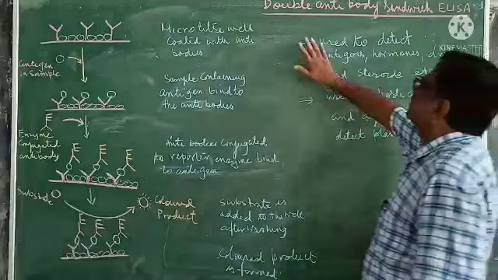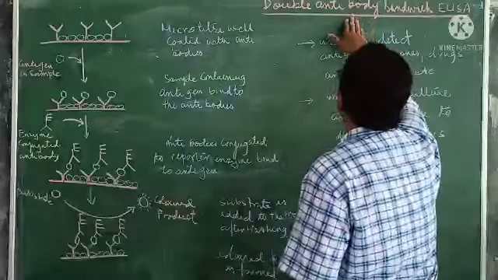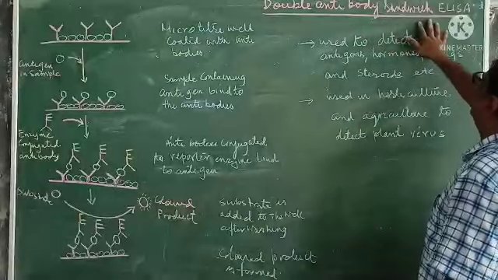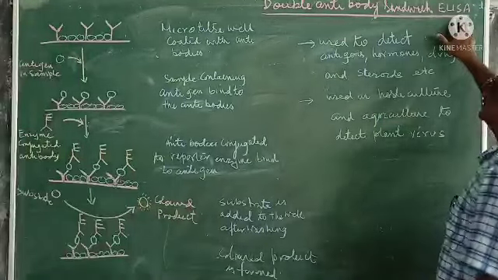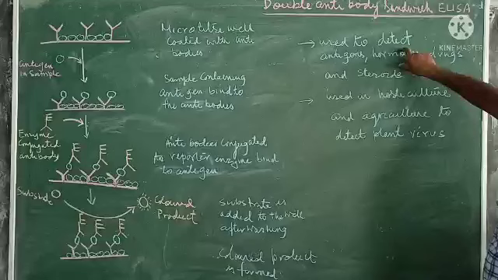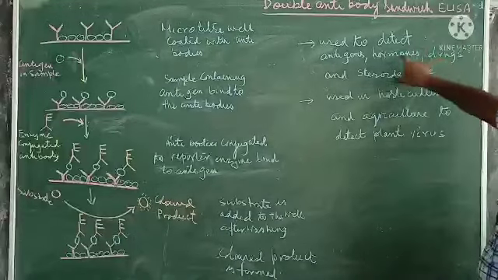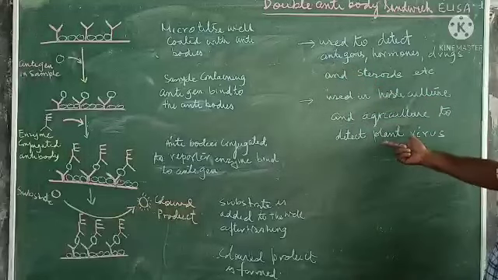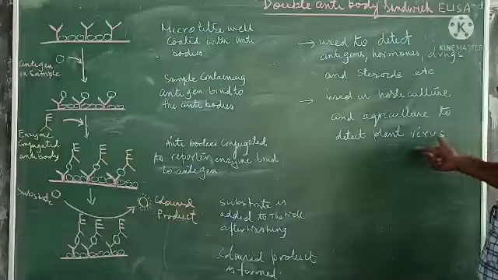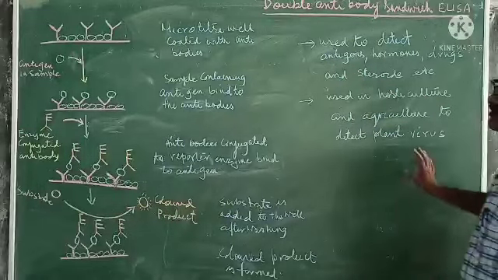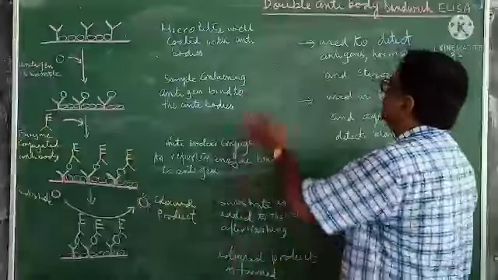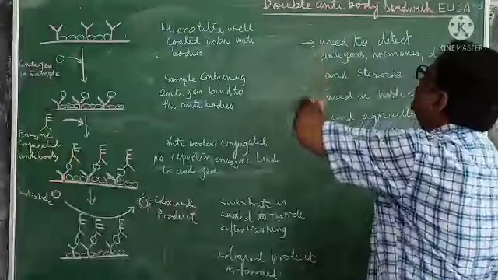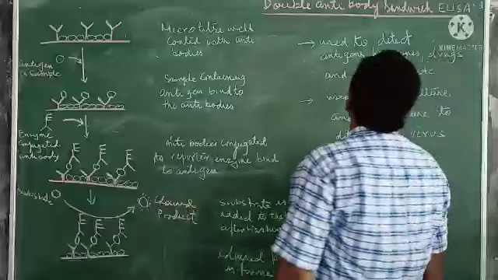So this is the utility and use of double antibody sandwich ELISA, to detect hormones or drugs or steroids as well as antigens, particularly in the case of plants.